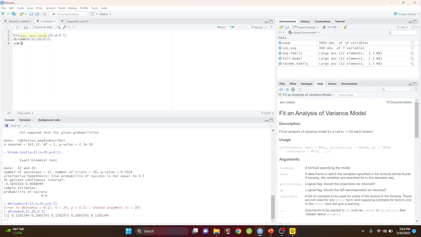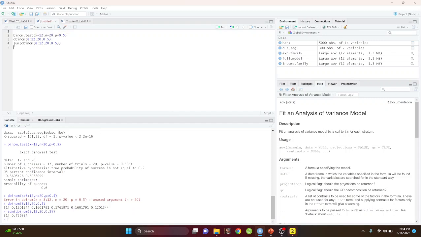So I'm going to use sum, and I'm going to say dbinom, and then 8 to 12, comma 20 out of 20 sample size, and then the probability of 50%, 0.5.